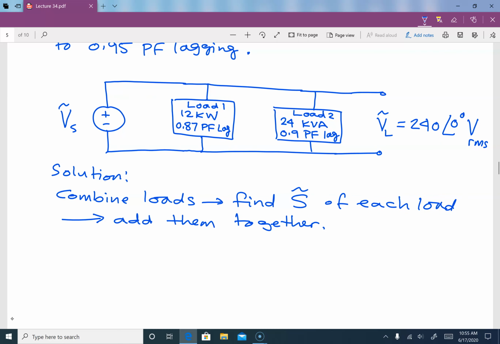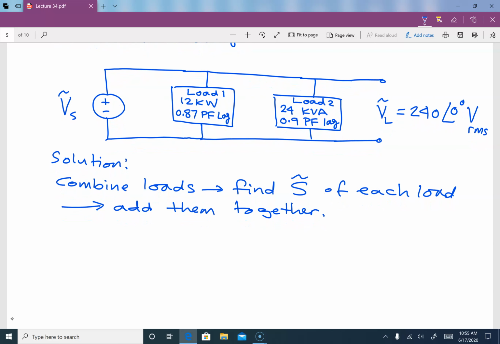So now, from load 1, we have the P of load 1 is given as 12,000. Because look at this, you have to pay attention to the unit here. What is the one that is given?